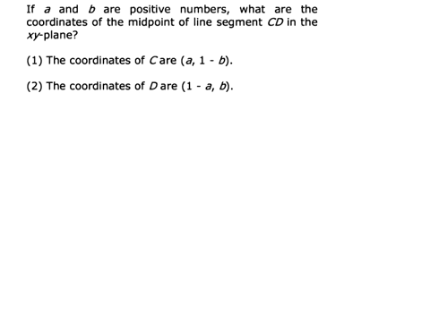For the individual statements, I'm talking about statement 1 individually and statement 2 individually. It should be clear, literally within like 2 seconds, that the individual statements are not sufficient.